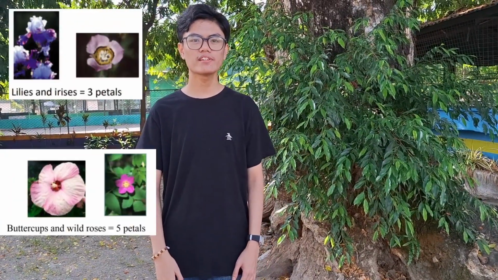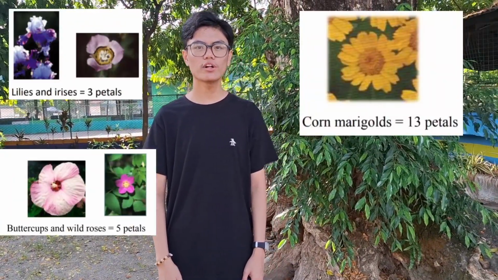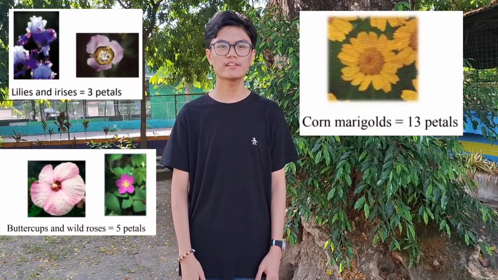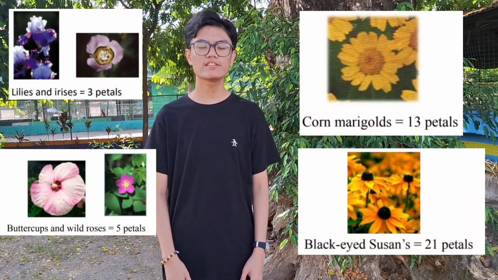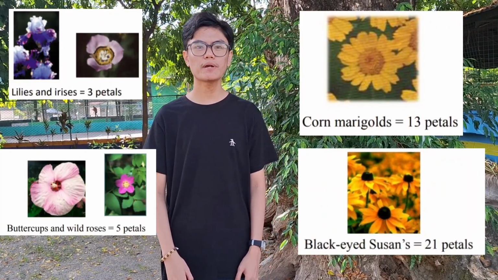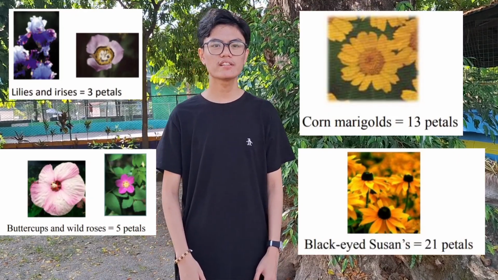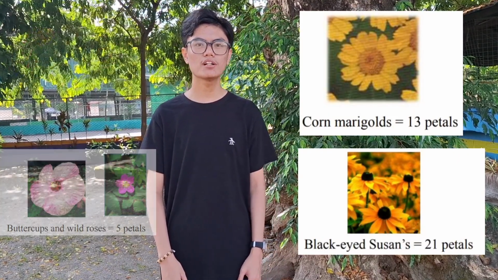Many flowers around the world naturally develop petal numbers that belong to the Fibonacci sequence. According to our reference presentation, lilies usually have 3 petals, buttercups have 5 petals, corn marigolds have 13 petals, while black-eyed Susans commonly have 21 petals.